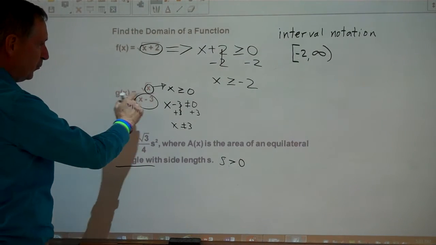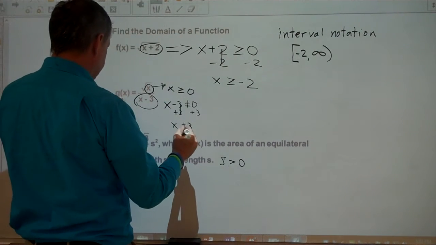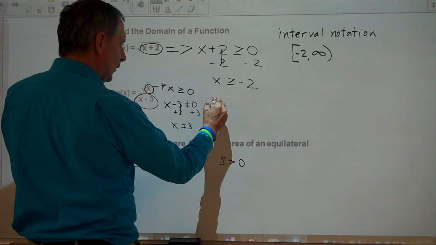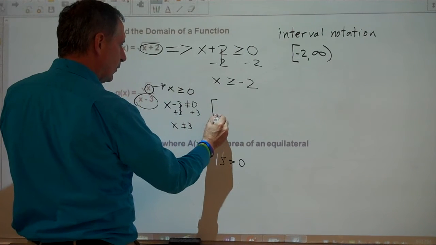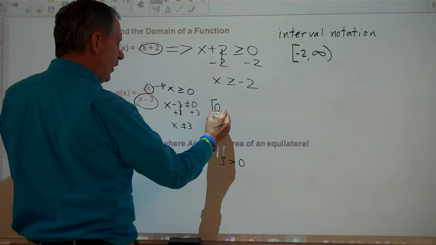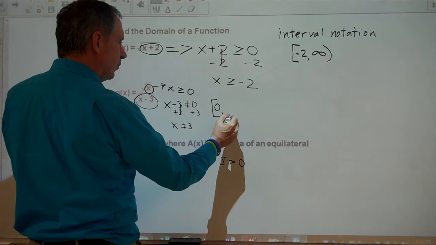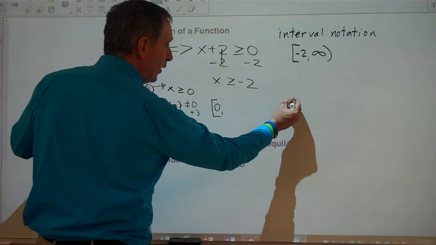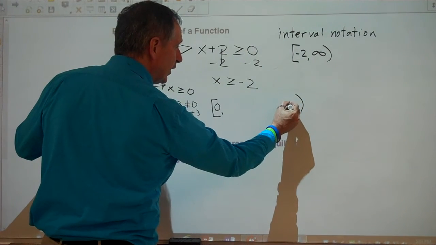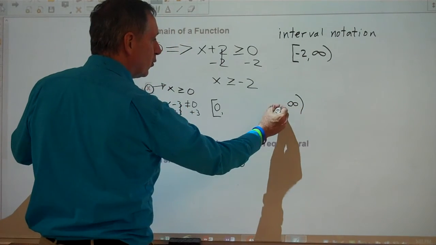And now for this g of x function, we know that x has to be greater than or equal to 0, and can go up to infinity, but not quite.